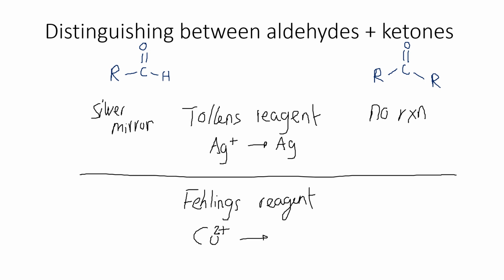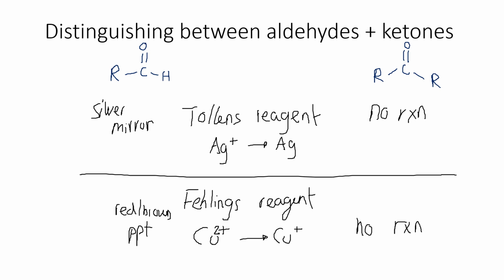And the copper 2 plus gets reduced to copper 1 plus, and that causes the aldehyde to get oxidized. So what you'd see for the aldehyde is kind of a reddy brown precipitate, and no reaction for the ketone, for the same reason that the ketone can't be oxidized any further.